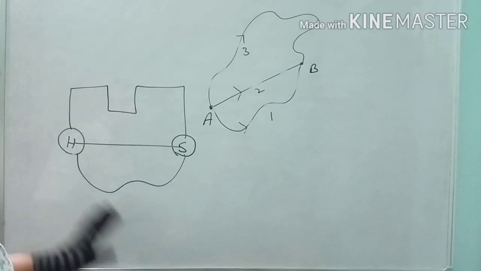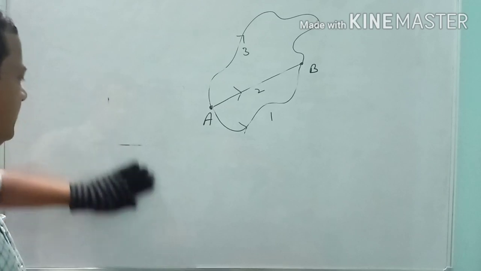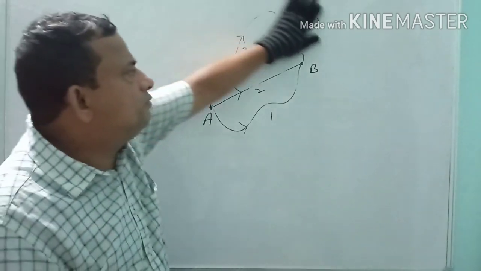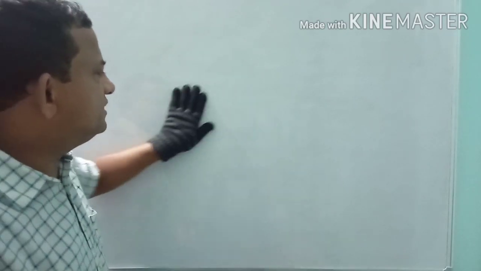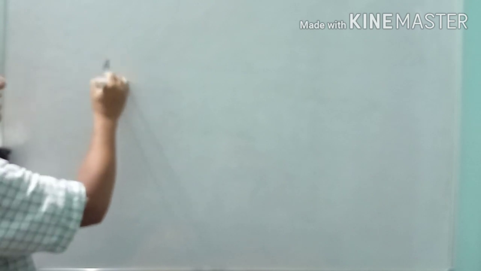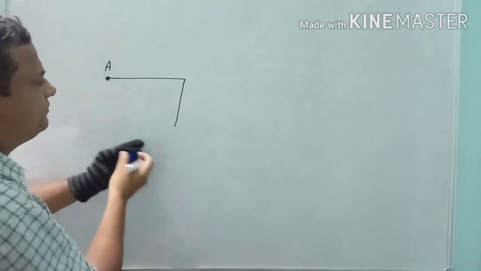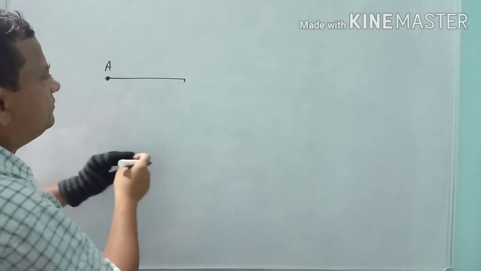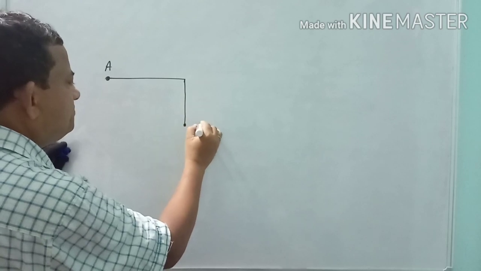So I think you know what is distance and what is displacement. Now how to solve numericals or problems in distance and displacement. Suppose here is a point A. You move this path and that path. This is B point.